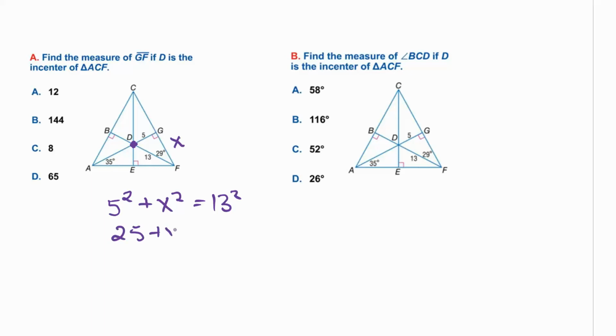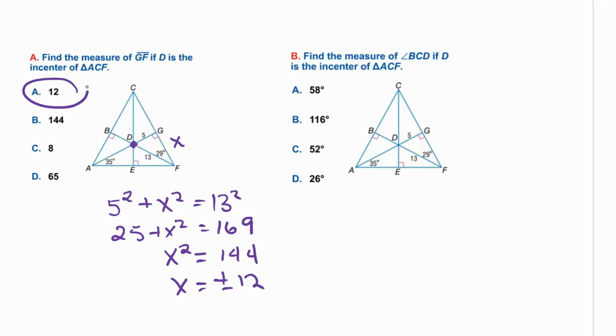So 25 plus x squared equals 169. And when I solve for x, I get plus or minus 12. I'm not going to use the negative answer, so the answer is 12.